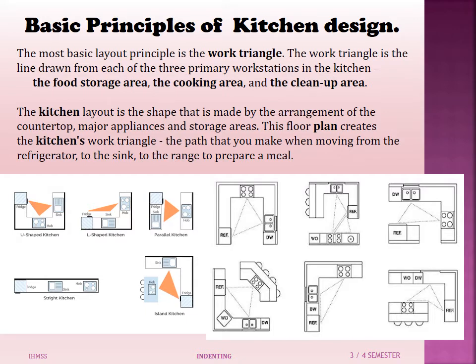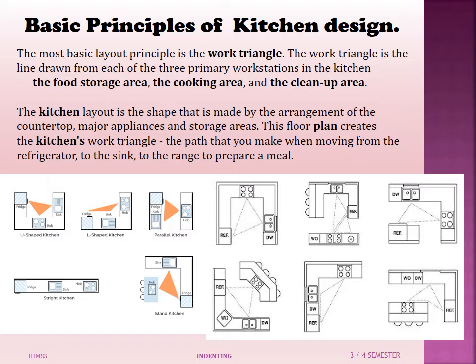Basic principles of kitchen design. The most basic layout principle is the work triangle. The work triangle is the line drawn from each of the 3 primary workstations in the kitchen: the food storage area, the cooking area, and the cleanup area.